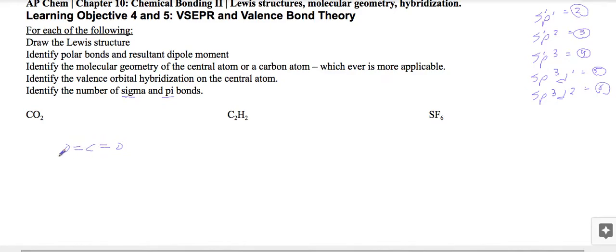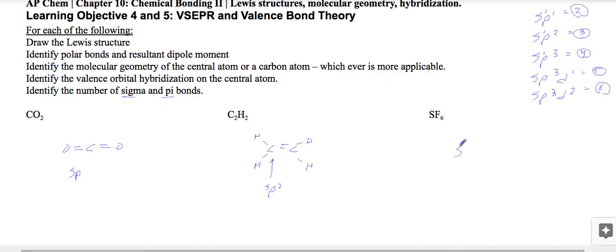So in this case, I have 2 things attached to the carbon atom, and the central atom, which is carbon, comes out to be sp hybridization. Over here, carbon has 4 bonds always. We have our sp2 hybridization for the carbon.